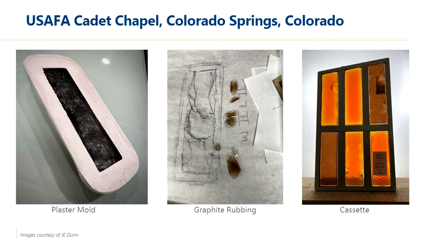After cooling or annealing for 4 days, the recast dalle was hand distressed by hammer in the same places as the original, matched through graphite rubbings taken of the original dalle before it was melted down. The replica dalle de verre glass block, formed from historic material, was then reset within the cassette.